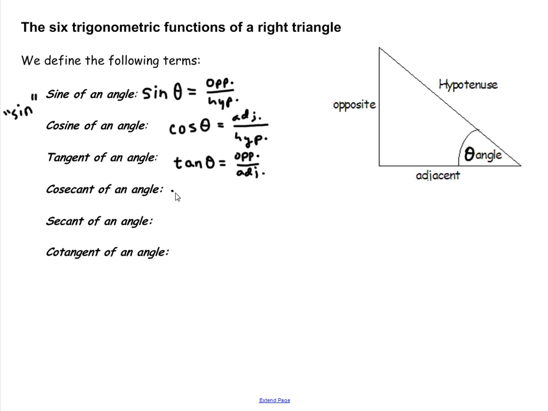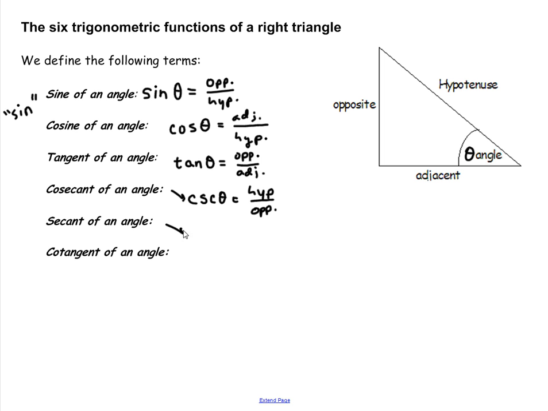There are a few others that we don't use as often, but we definitely need to know. One is called a cosecant. Cosecant of an angle means that we're going to take the reciprocal of the sine. So we're going to take the hypotenuse this time and divide it by the length of the opposite side.